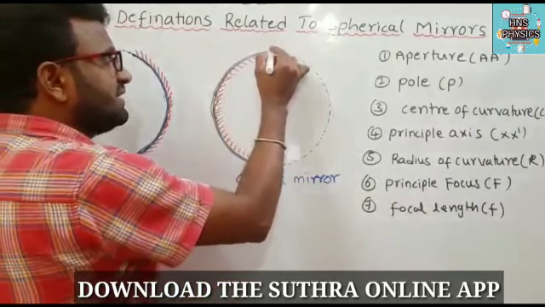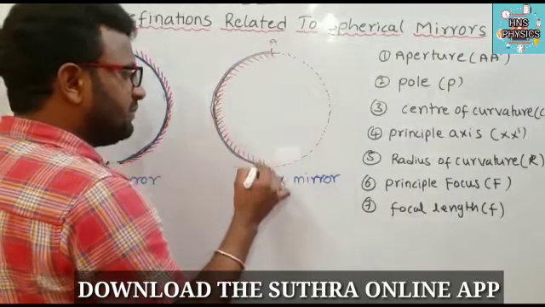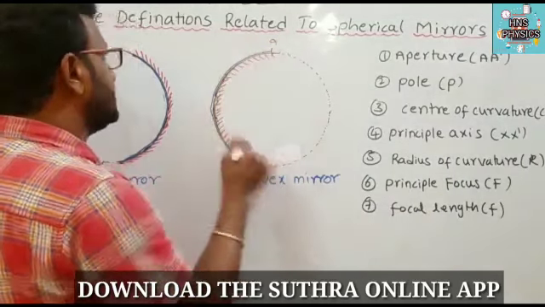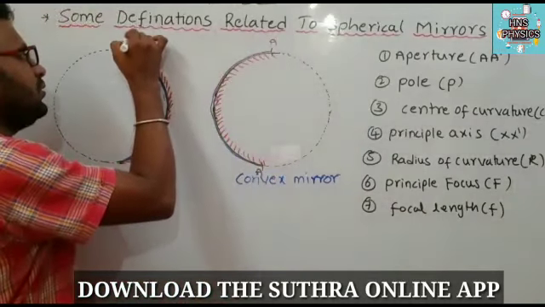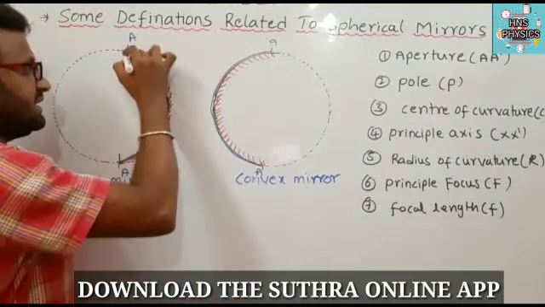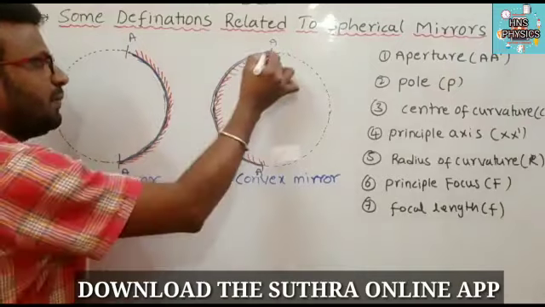This width from A to A dash, here and here also, is the aperture.